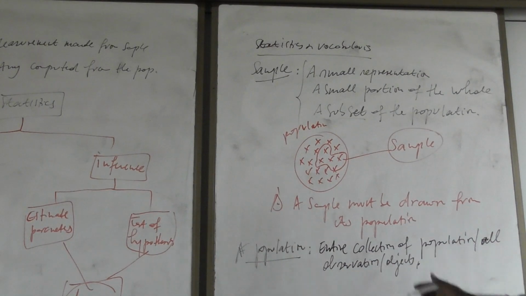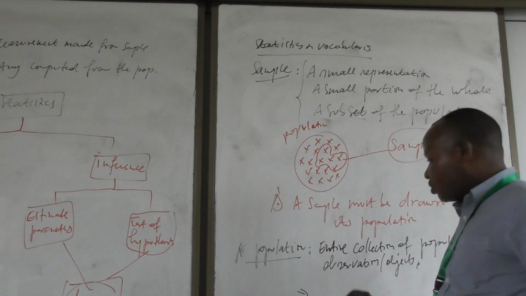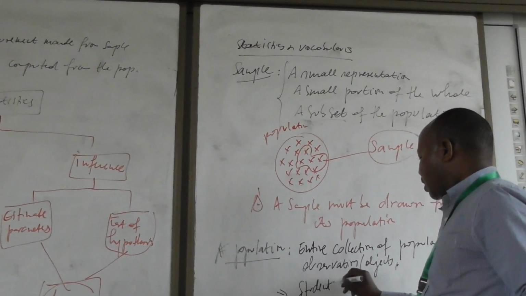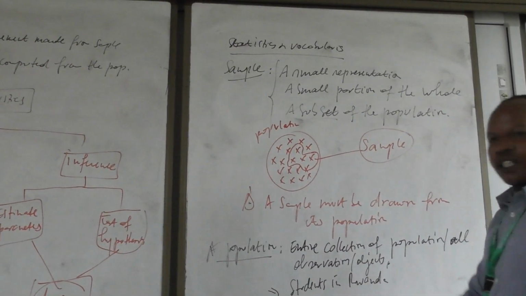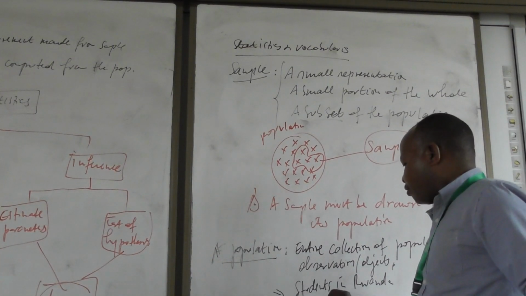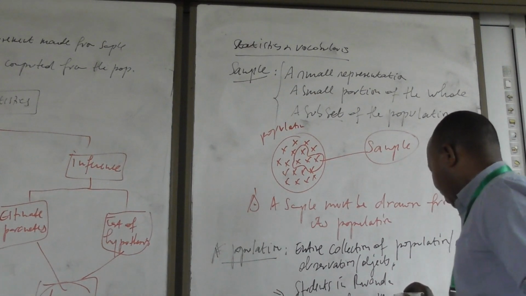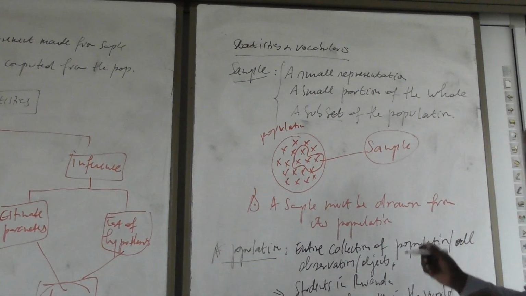You may have the number of students in a country, students in Rwanda, that's a population. You may have the number of workers in the world. This is a population.